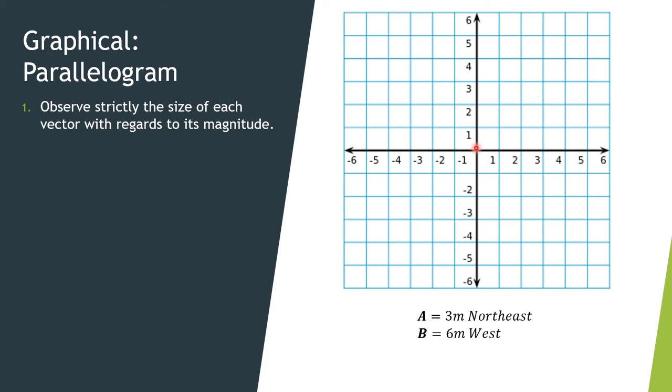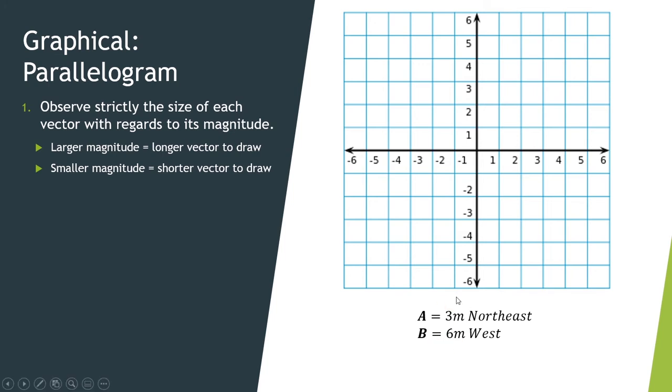If you draw it very long, maybe it's not equal to 3 meters. If you draw it too short, maybe it's also not equal to 3 meters. So that's very important, number one. Larger magnitude equals a longer vector to draw. A smaller magnitude, shorter vector to draw. So the numbers are very important.